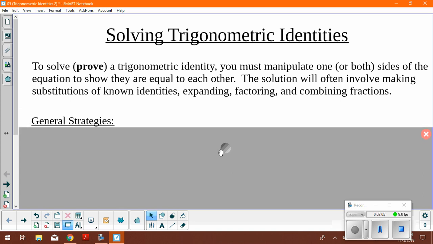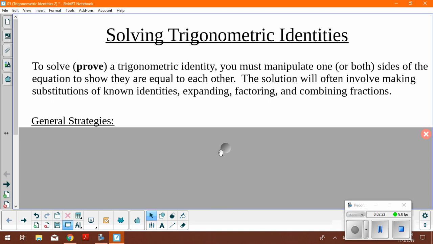So again, it's like solving a puzzle. I'm going to give some general tips here, but the best way to get good at these is just to practice, to keep attacking them, trying to make them work until you get the hang of it, and start recognizing some of the common patterns.